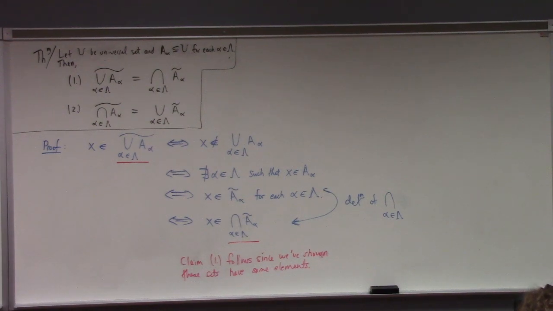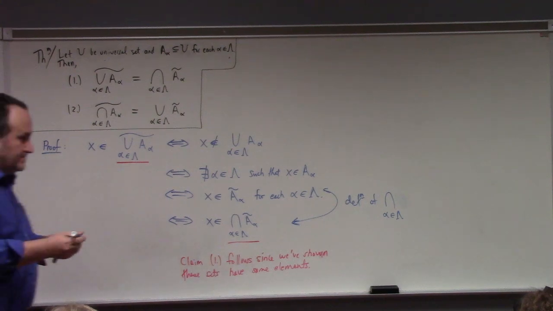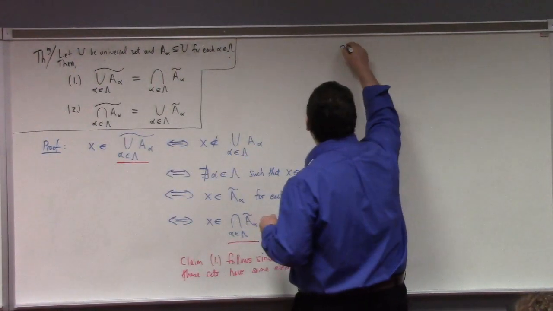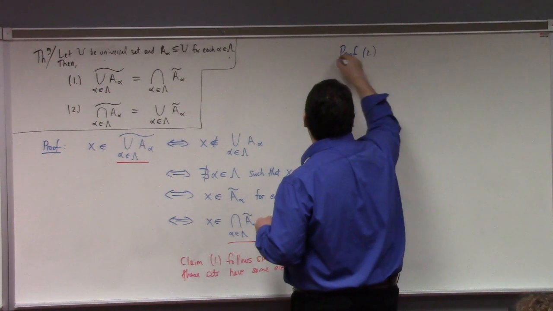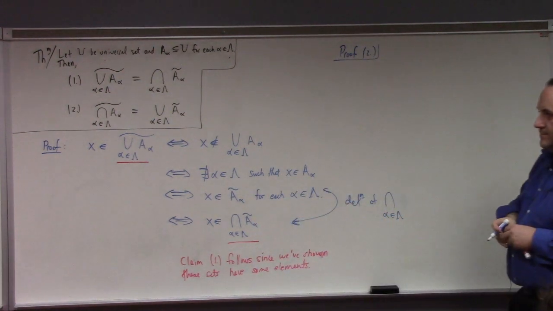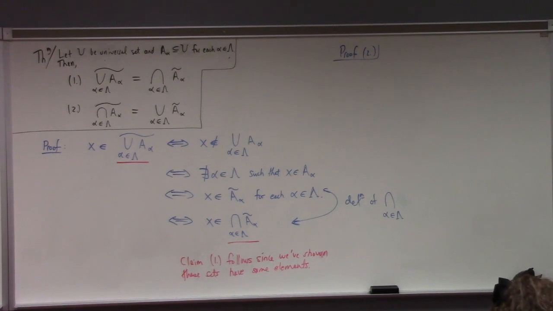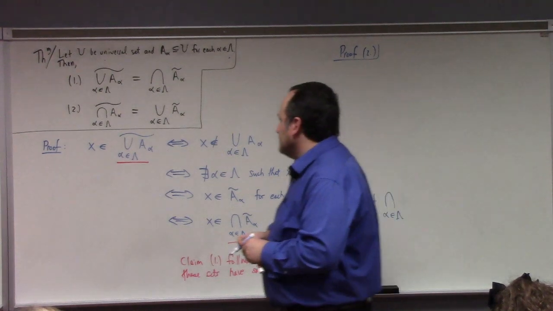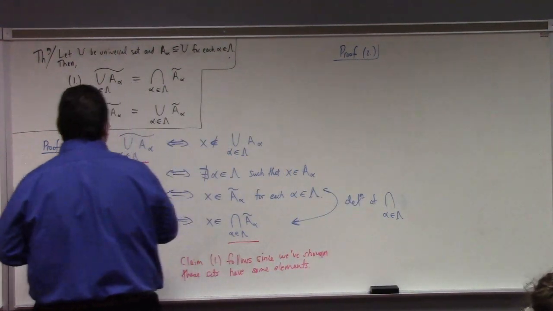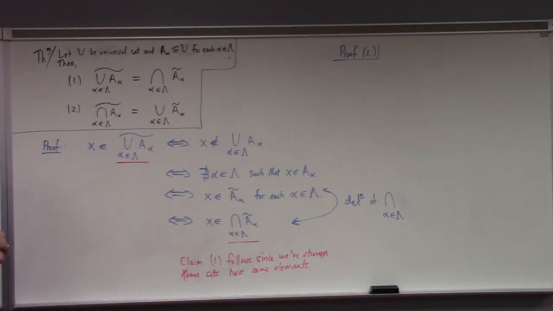All right, help me out. How can we prove 2? Oh, fair enough. We could go through a very similar point-by-point argument, just like we did. I wanted to be lazier.